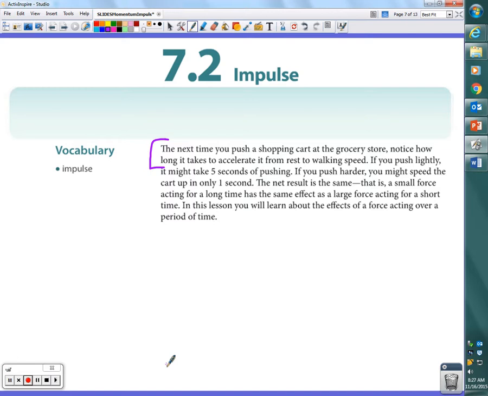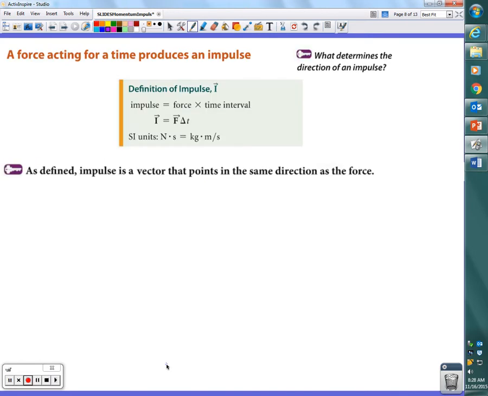So when we talk about how much an object changes, we have to address what the force is, but we also have to address how long that force is applied. We call that quantity the impulse that is imparted on an object, or the impulse that is provided to an object. So the impulse is the product of the force and the time over which we apply that force.